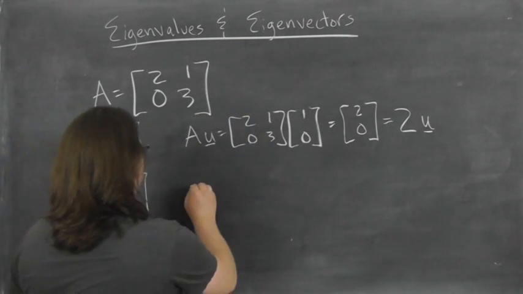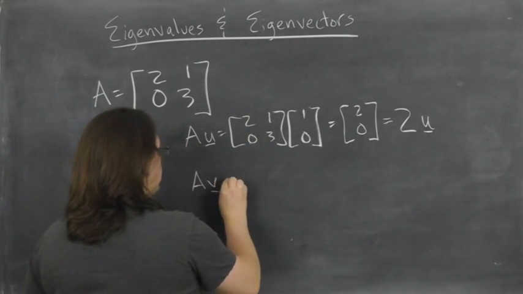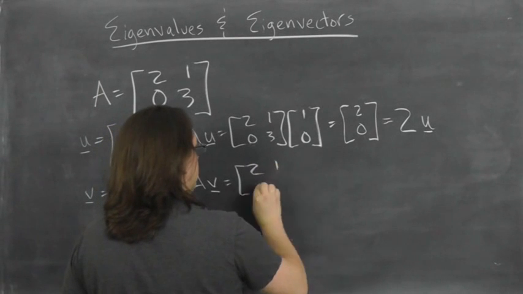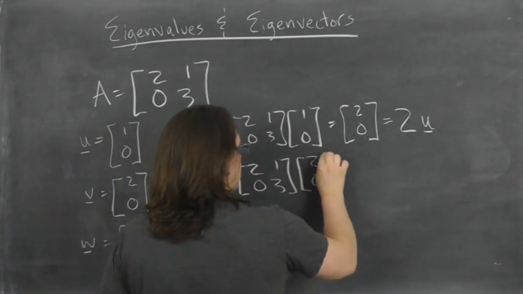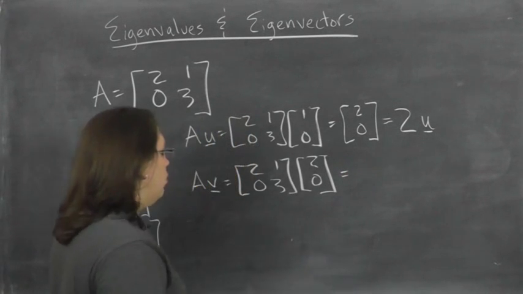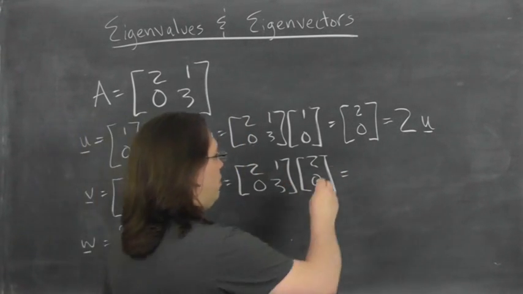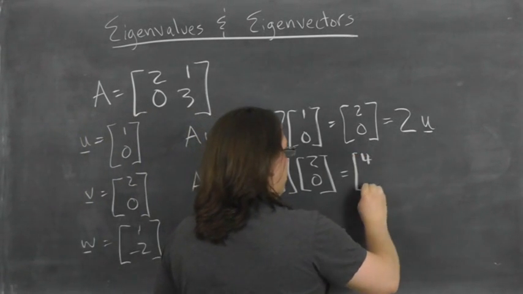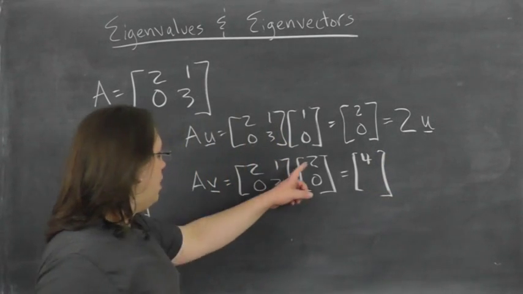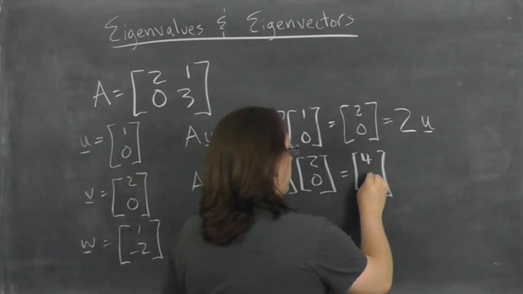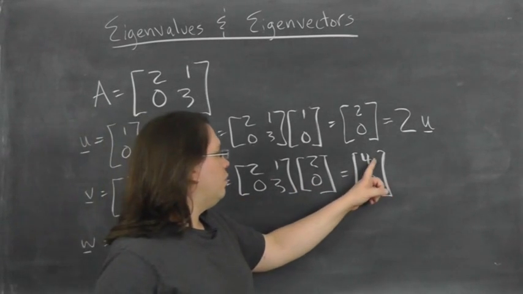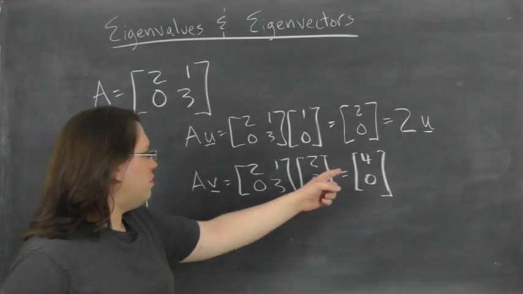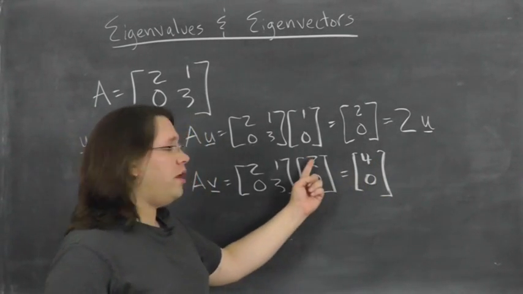All right, let's move on to V. Two times 2 plus 1 times 0 is 4. 0 times 2 plus 3 times 0 is 0. So A times V is 4, 0. And 4, 0 is twice 2, 0.